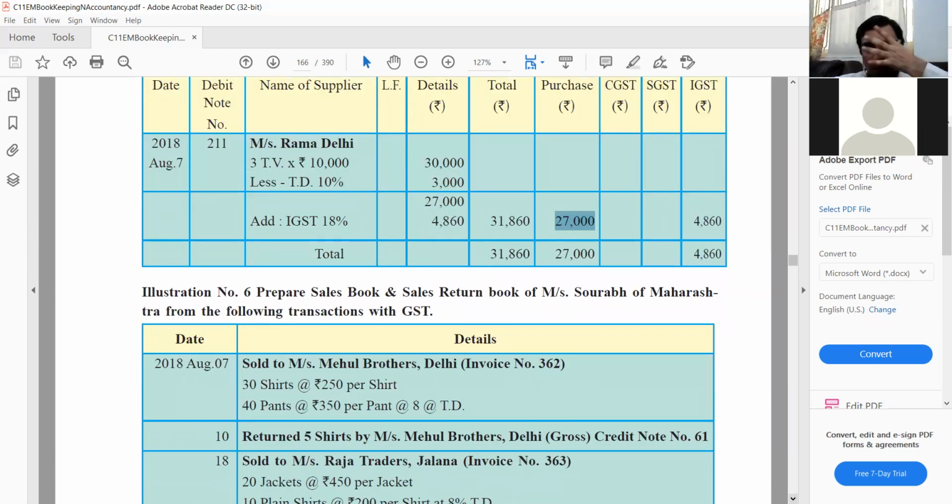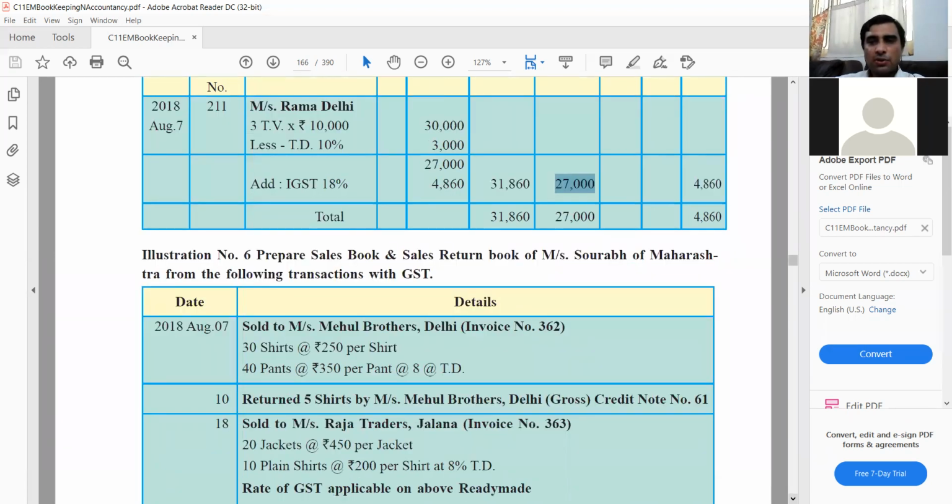So IGST is your input GST, which you will claim as a credit later on when you are filing your GST return, not for your syllabus at this stage.